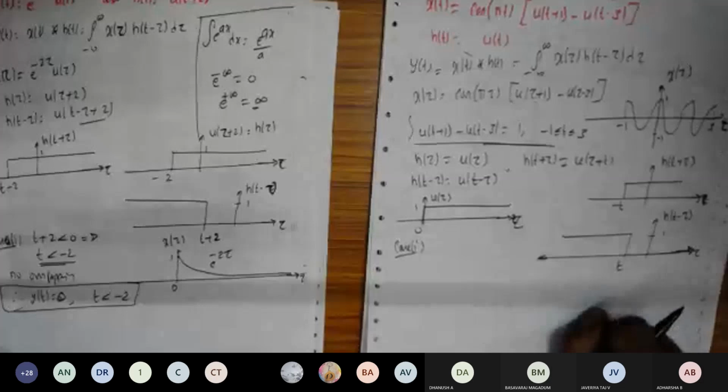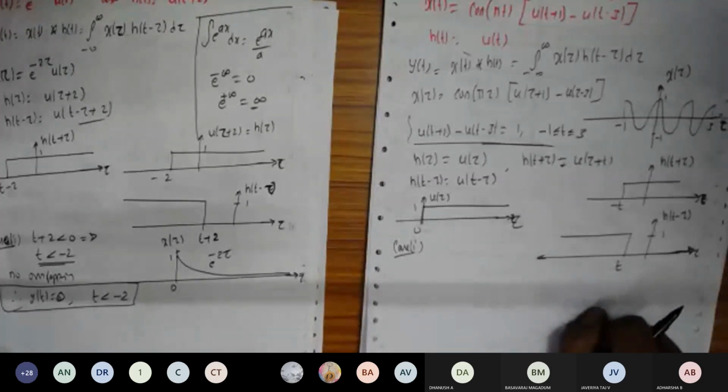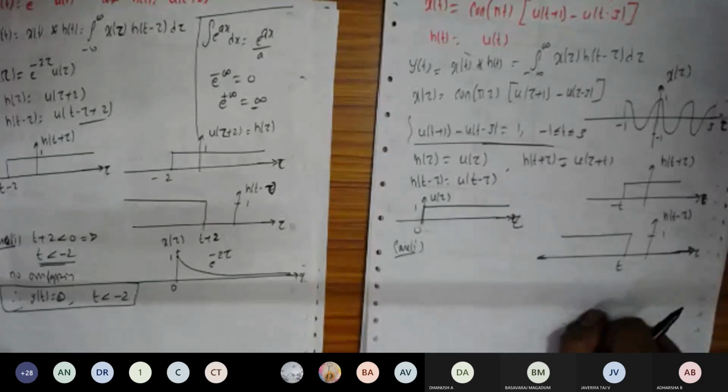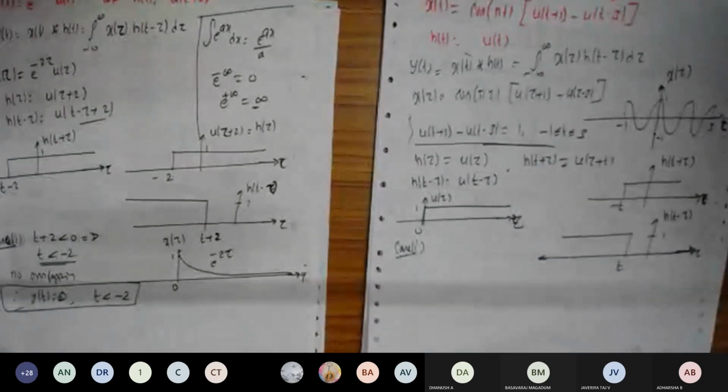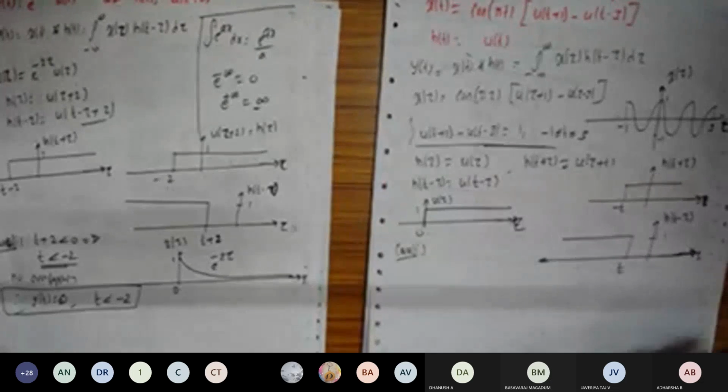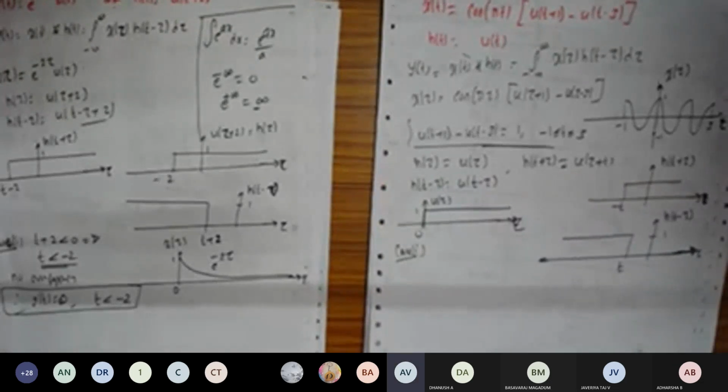Non-overlapping case. Anybody tell me what is the value of that first case? So no answer. T less than 0, sir.